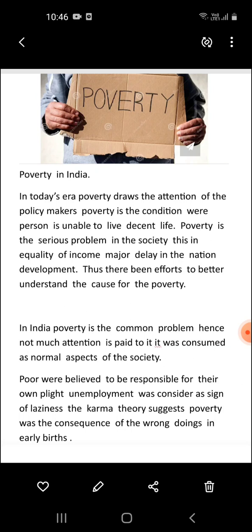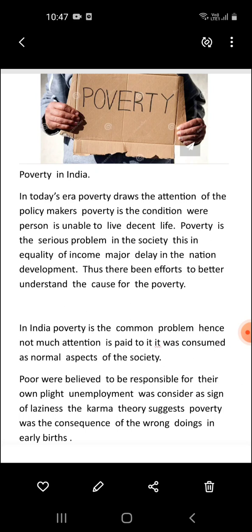And in the year 1971, many programs were introduced to remove poverty according to the fourth 5-year plan. In the fourth 5-year plan, many measures were adopted to reduce poverty in India.